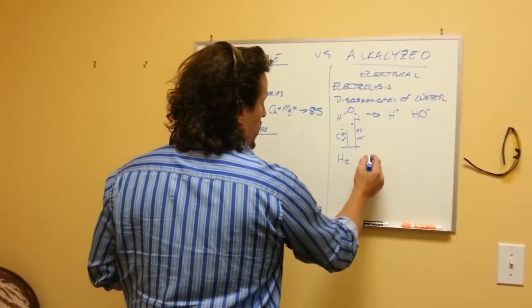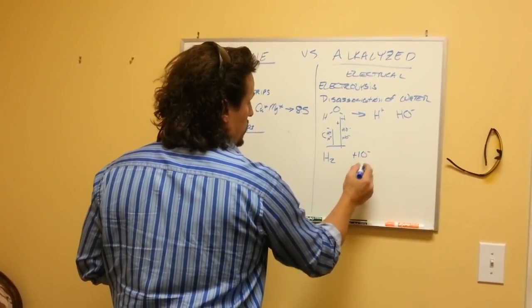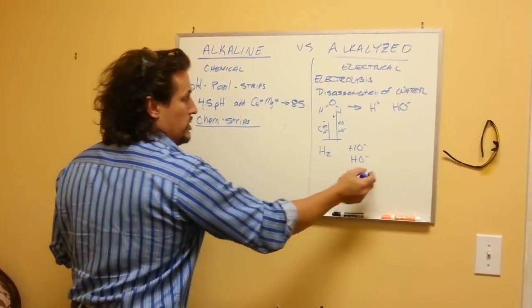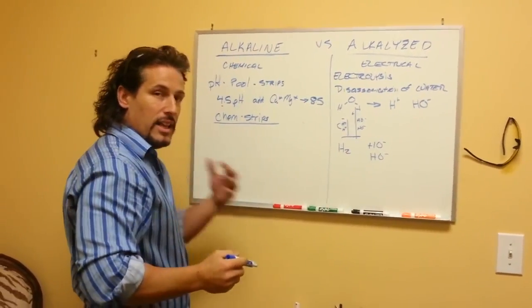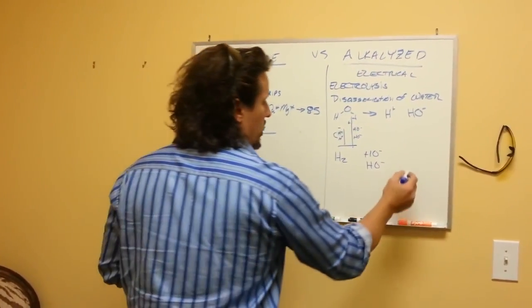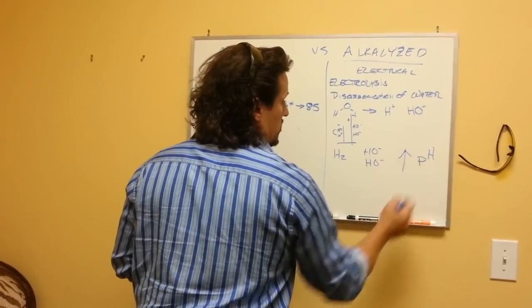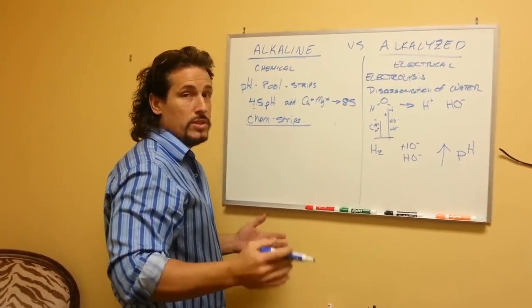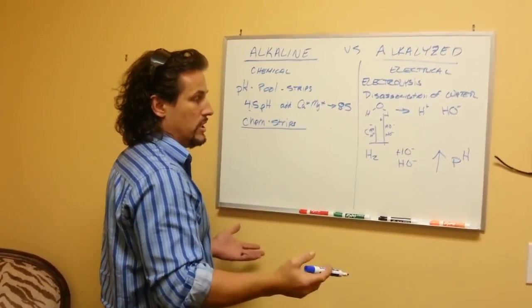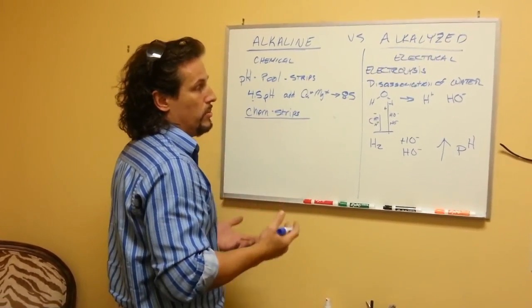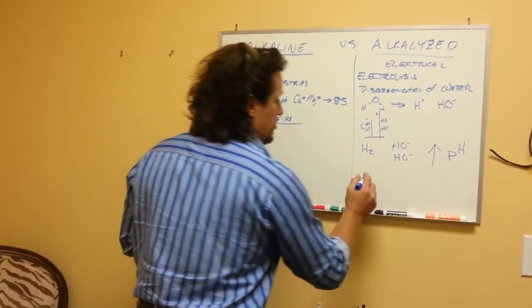So then you end up with an H2 molecule and a couple of hydroxyls. Because this ratio changes electrically, you'll get a rise in your pH. There's no chemicals added. There's nothing taken or added to the water. It is strictly a requirement of power, which is where this unit comes in.